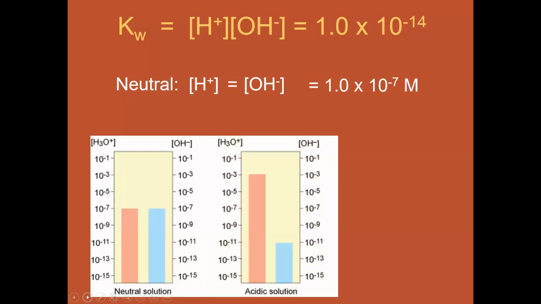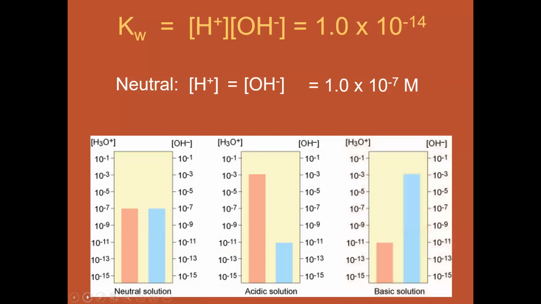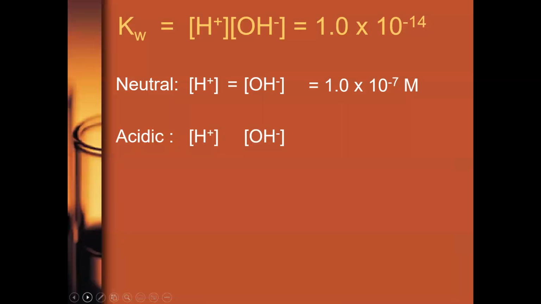Whereas if we have an acidic solution, as shown in the middle picture, you'll notice that there is a higher hydronium ion concentration, or hydrogen or hydronium, excuse me, in an acidic solution and a lower concentration of hydroxide. Whereas a basic solution is going to have a higher concentration of hydroxide and a lower concentration of hydrogen or hydronium.